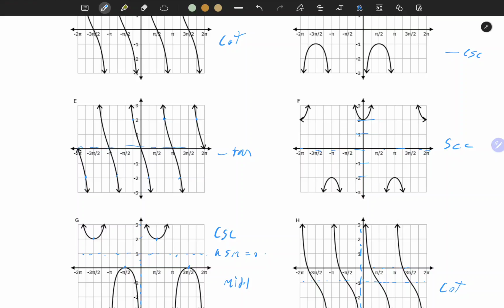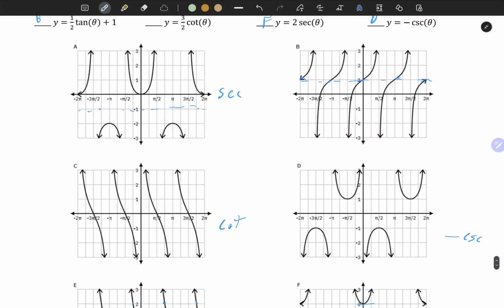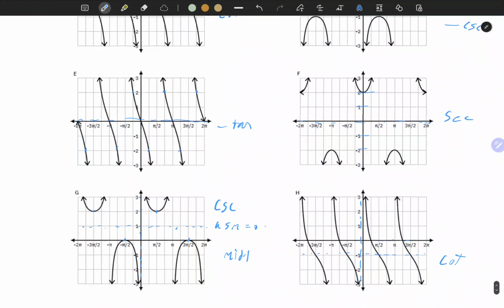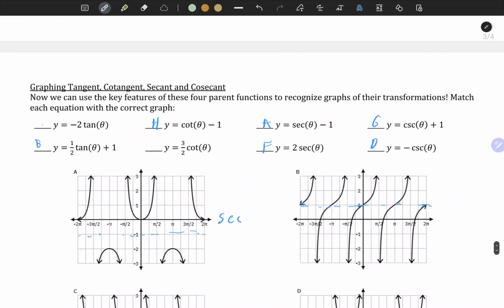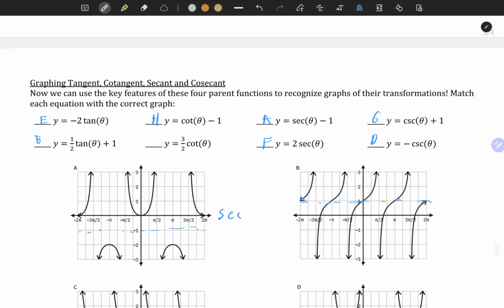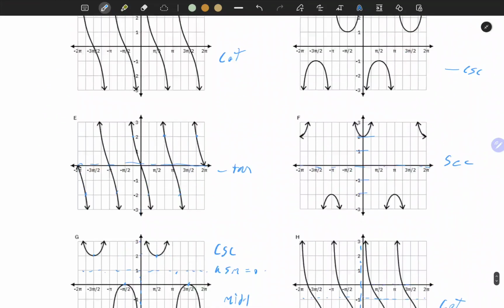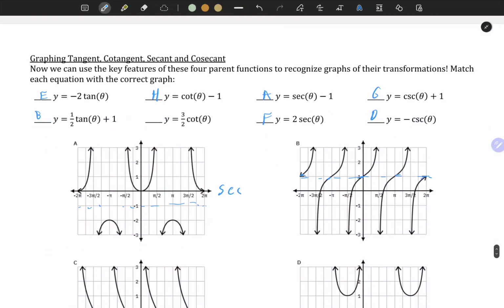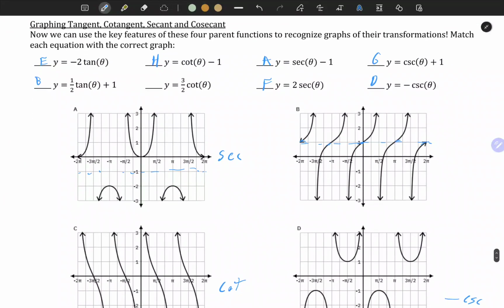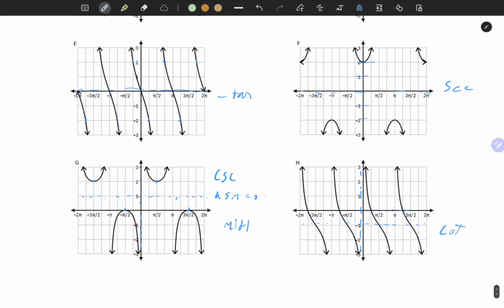This is our midline of 1. Oh, sorry, 0. So now we know that E is an inverse amplitude 2 tangent. Alright, let's see our next one and our last one, which is a cotangent.